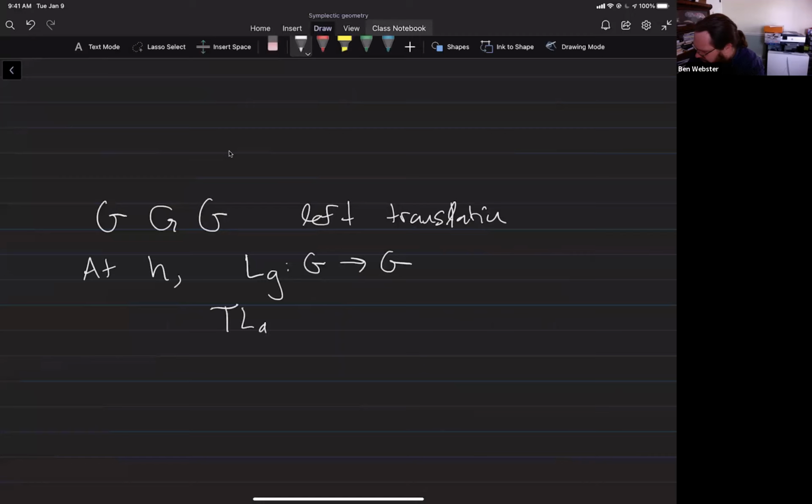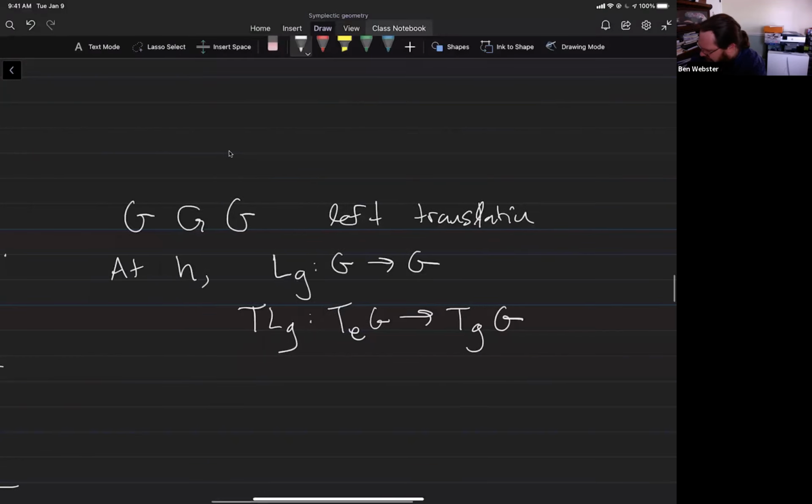So I should be looking at T L_G, from the tangent space, and I send X to X sub G. I'm concerned here because this looks exactly like the definition I had of left invariant vector fields.